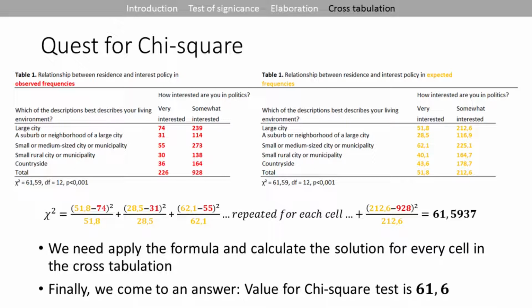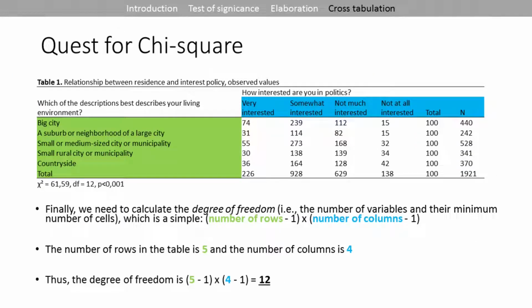Good news is, or the bad news, depending on the listener, we are not yet totally done. Now we need to know what the p-value is based on the chi-square test. So we also need something called degrees of freedom, which relates to the number of variables and their minimum number of cells.